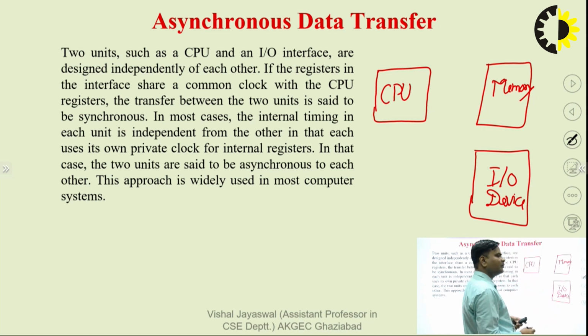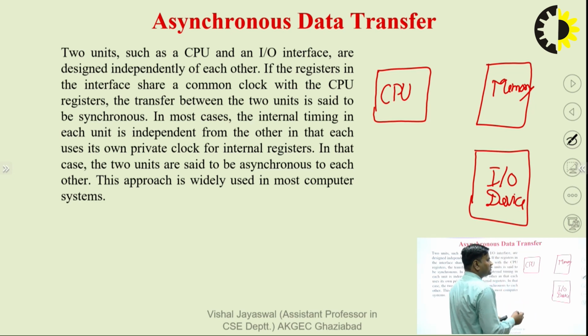Basically, CPU communicates with memory and I/O devices through buses. We have basically three buses used in computer organization and architecture, and that's our system bus. In the system bus, we classify the buses into three types: data bus, control bus, and address bus.